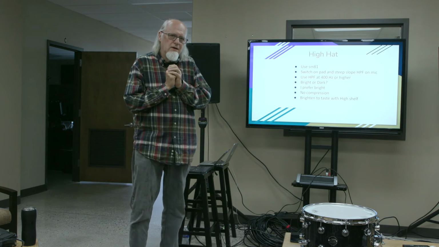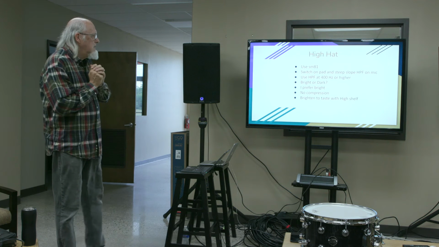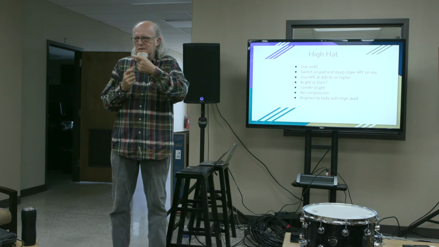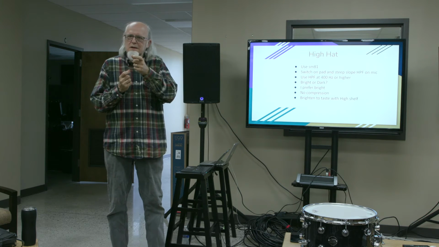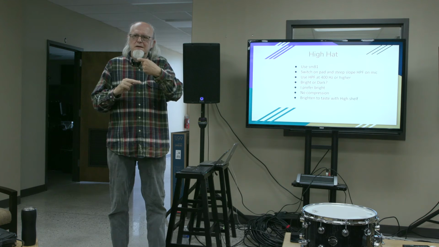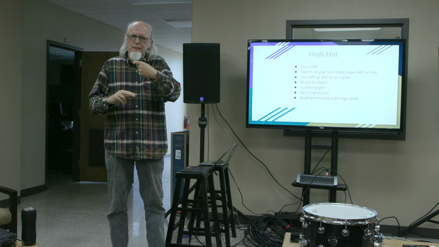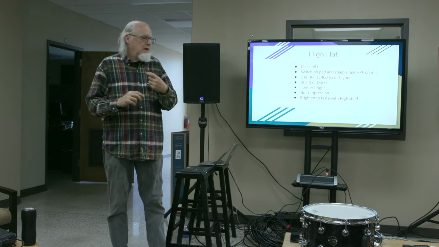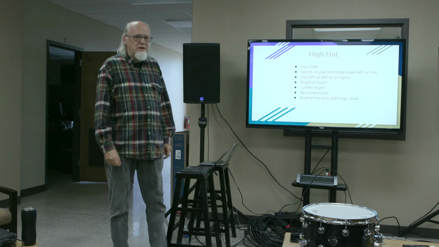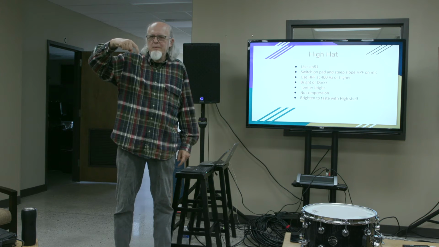Hi-hats fall into that category, but they're loud. So what you have to do, I think I showed you, there's a little circular control that allows you to turn a pad on that knocks the output of the microphone down 20 decibels. And there's another switch that allows you to choose a high-pass filter, with a slight slope and a heavy slope.